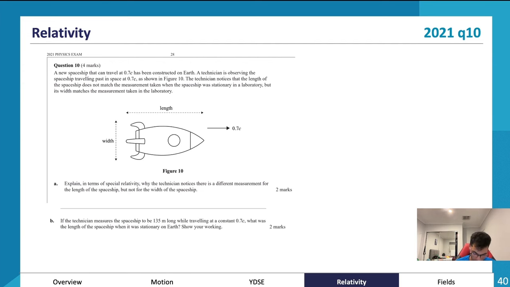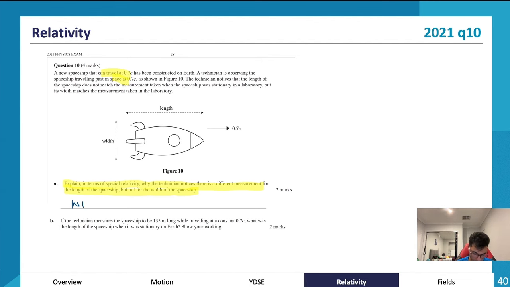So just a quick calculation question, looking for time. Cool. We have some questions. The spaceship is traveling at 0.7 times the speed of light. Explain in terms of relativity what happens to the width of the spaceship.